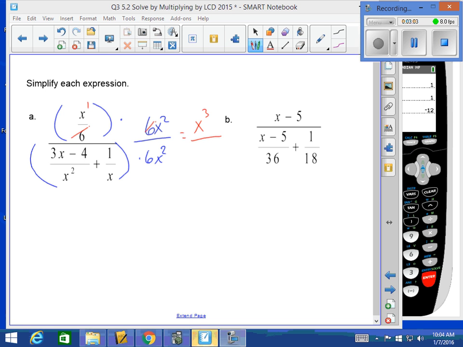Then when I multiply to my denominator, since there was a plus sign right here, I'm going to have to distribute that 6x squared in. When I multiply 6x squared into this first fraction, my x squared here would cancel with the x squared here. So I'm really just multiplying a 6 to the 3x minus 4.